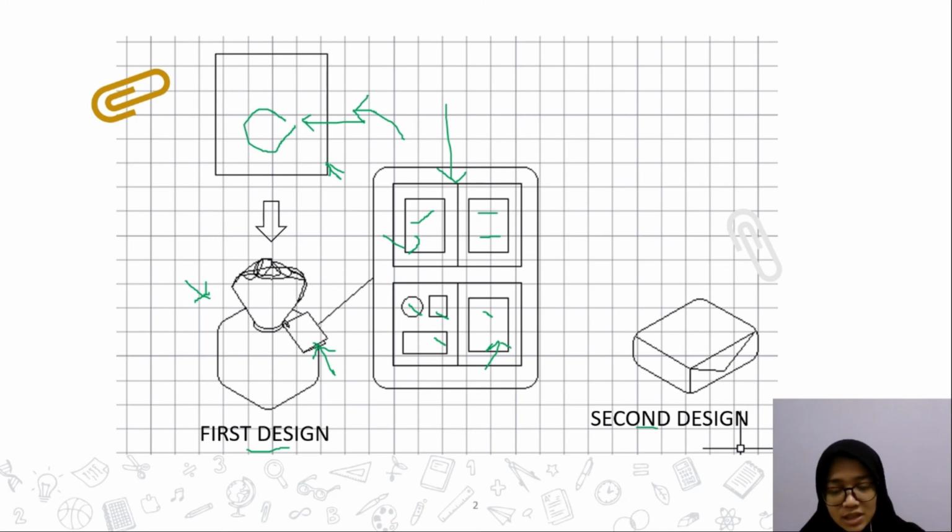For the second design, we will also be using the same recycled fabrics, as we are focusing on textiles or used fabrics. But we're going to make it in the shape of a box, and we're going to seal it by using a button, or safety pins, or maybe just tie it.